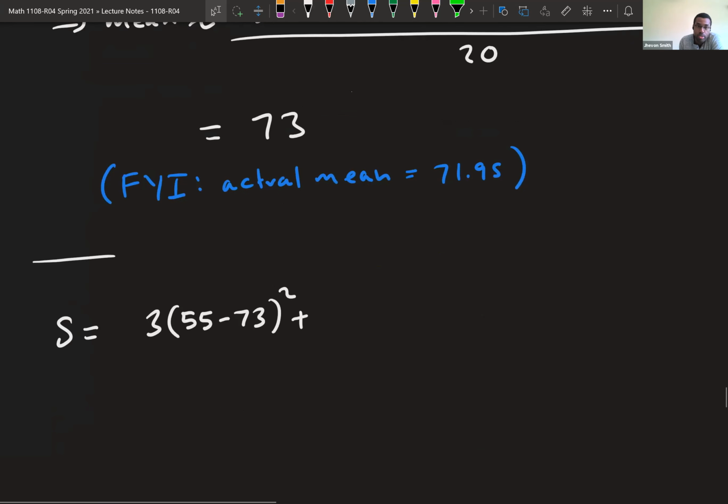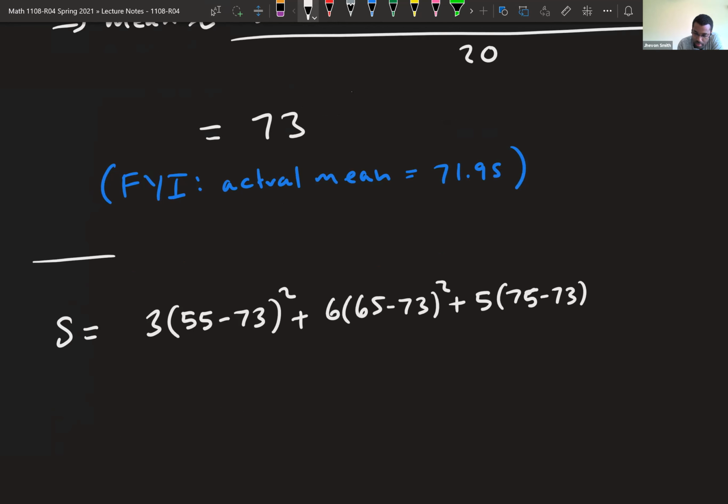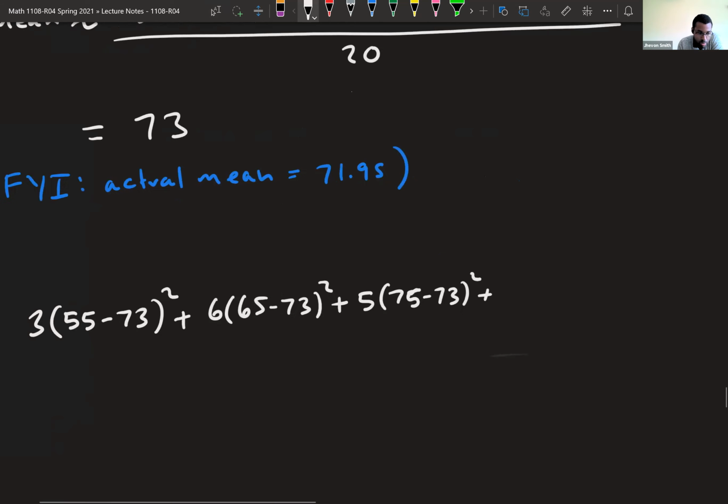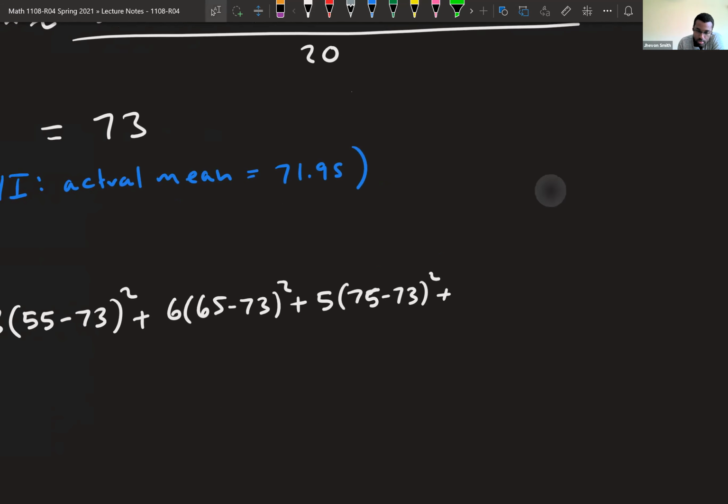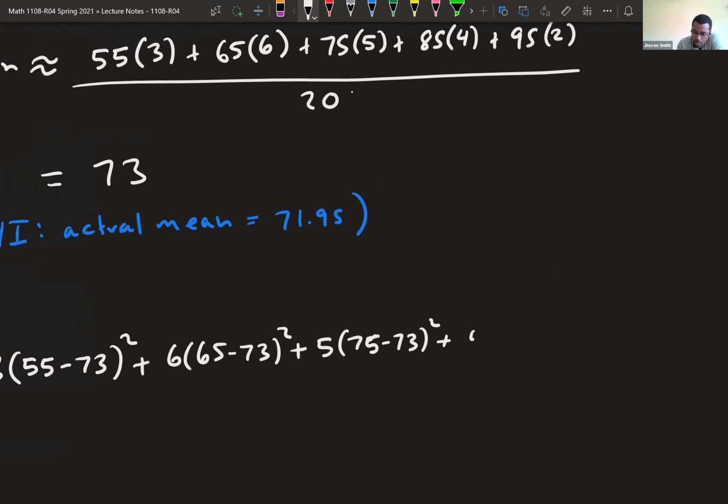So that's going to happen 3 times, and I add that square. Then there are 6 times when I add this square. There are 5 times where I add the square of 75 minus 73, 4 times where I add the square of 85 minus 73, and 2 times where I add the square of 95 minus 73.